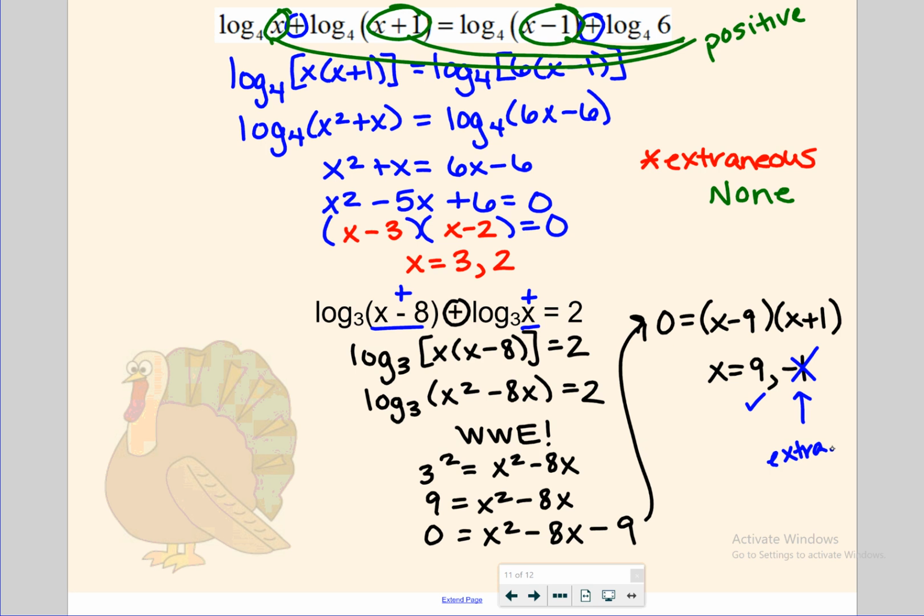All right, we're just going to do one more problem and then we're done. I want to do one where there's division, just so you have an example of that in your notes. I didn't have it on the slideshow. So let me grab one here.